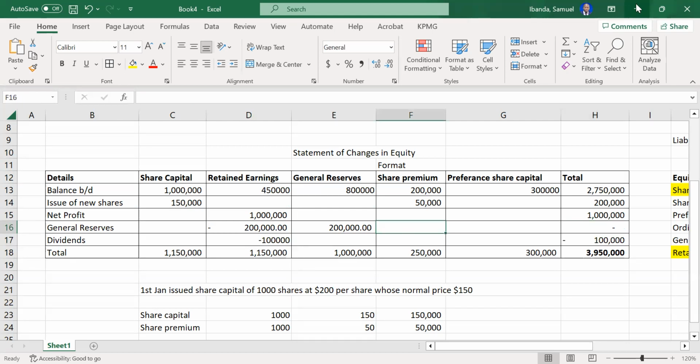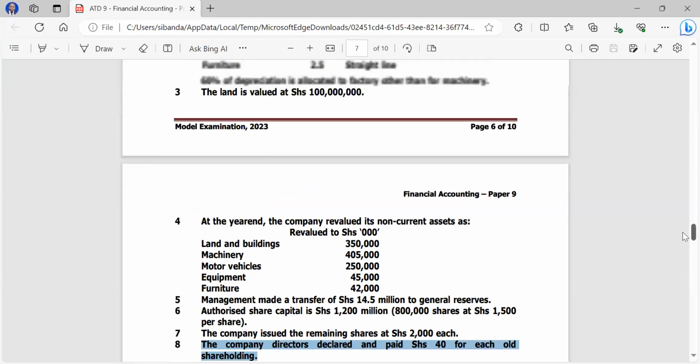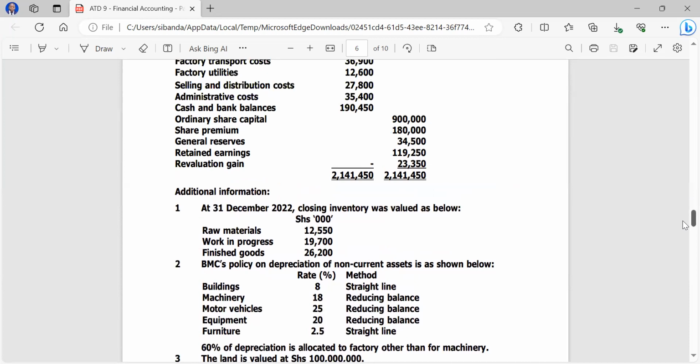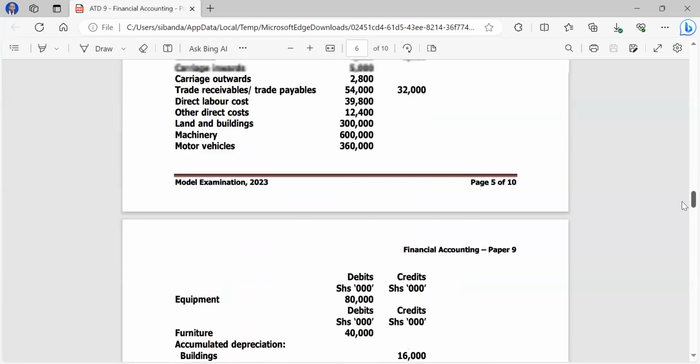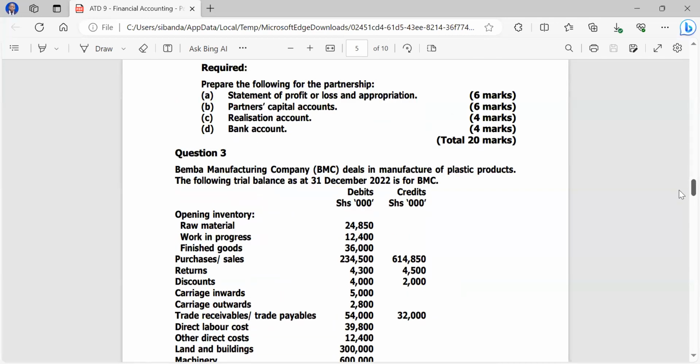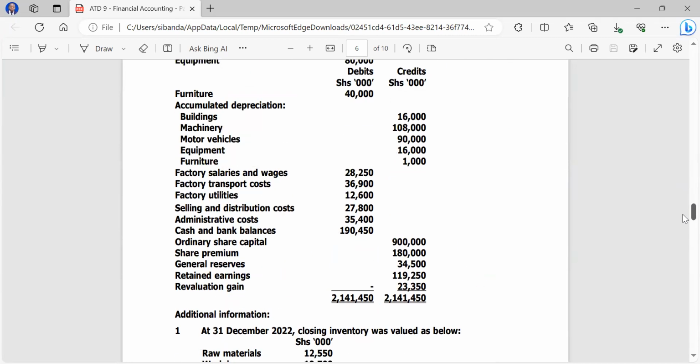So I want to go back to our question here. So the examiner has not given us the opening balances. Okay. So since they have not given us the opening balances, we're now going to leverage on what we have and then create adjustments.